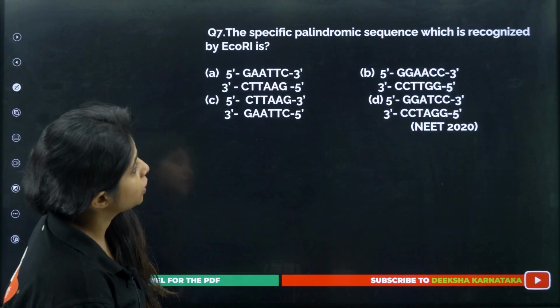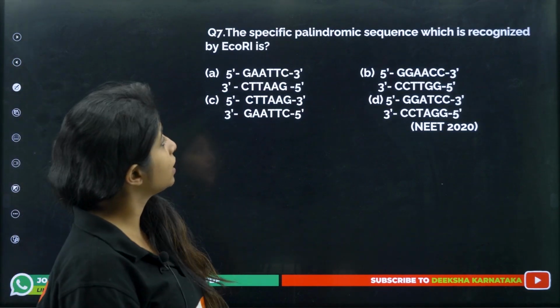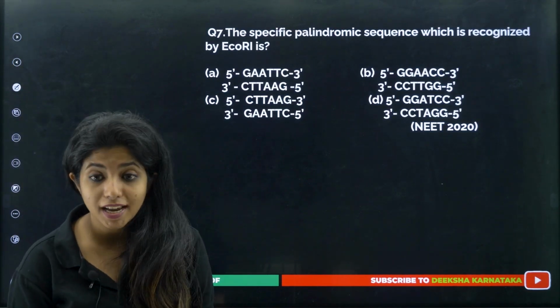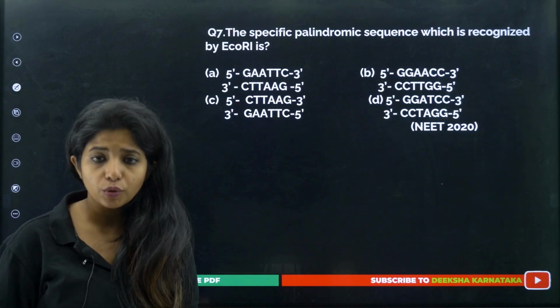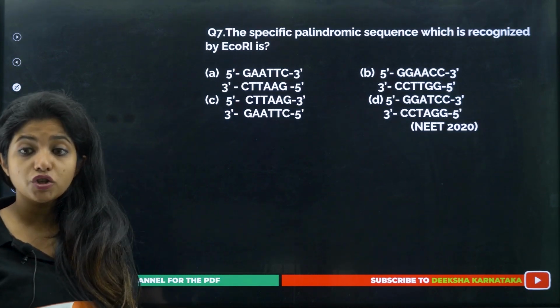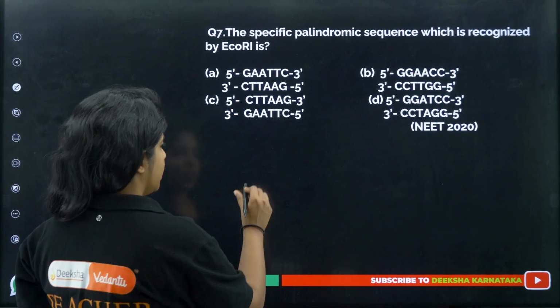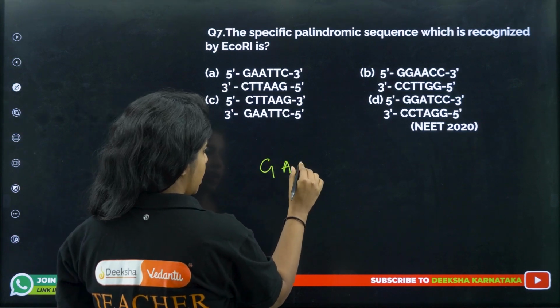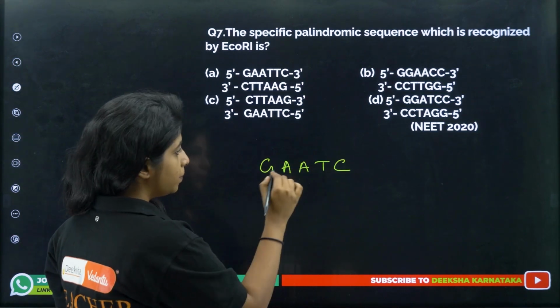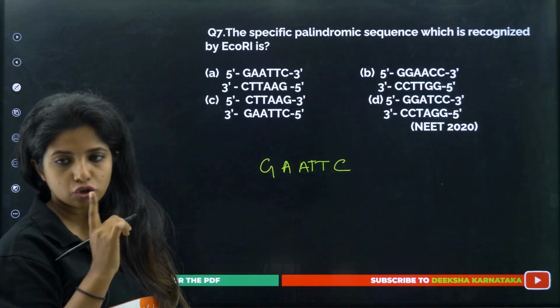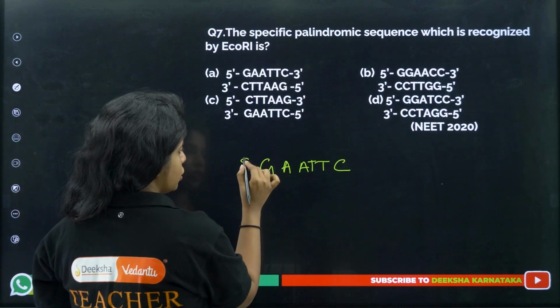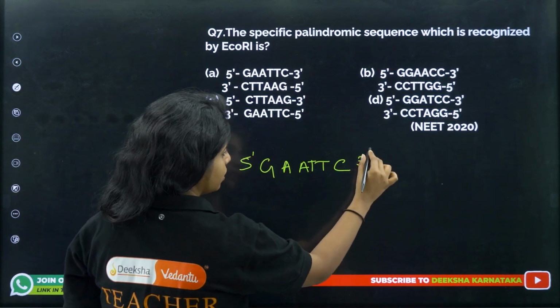Next question. The specific palindromic sequence which is recognized by EcoR1. I told you there's an enzyme EcoR1. So basically, what is the recognition site for that? It was GAATTC. Now please make sure on the side of G you have the 5' and here you have the 3' end.